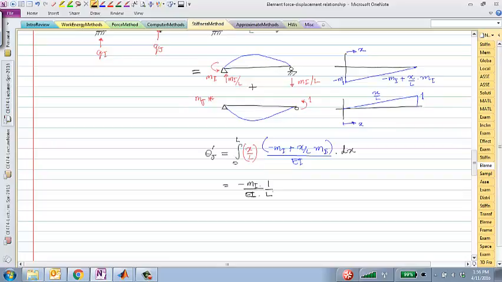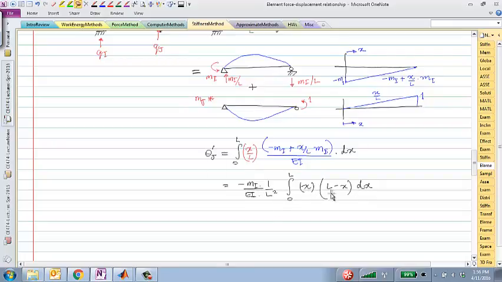Actually, I'll make it 1 over L square, integral from 0 to L of x times L minus x dx. Please keep checking my algebra. I'm pulling out mi over EI, and both L's I've pulled out, so I have 1 over L square.